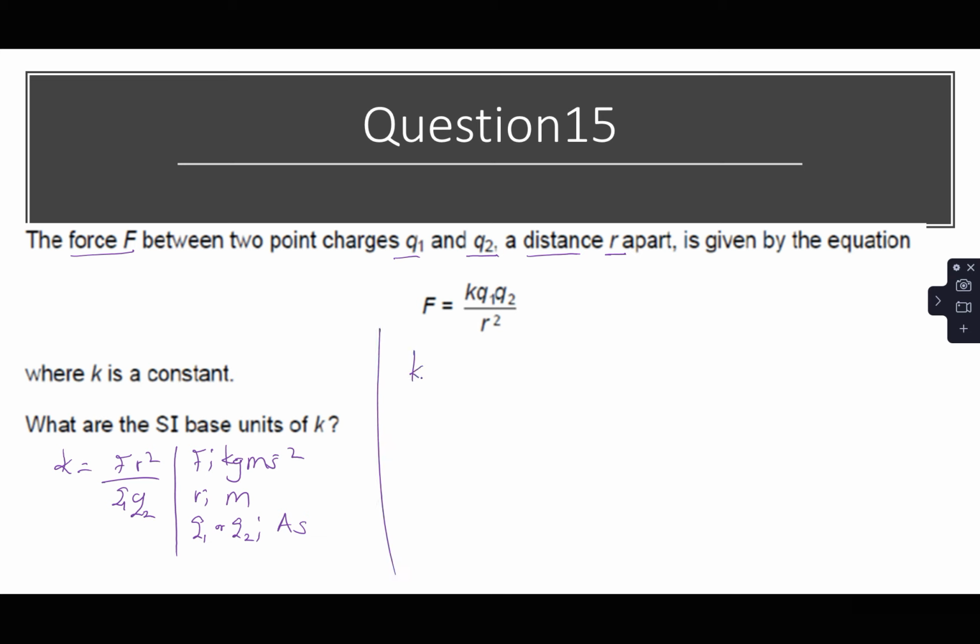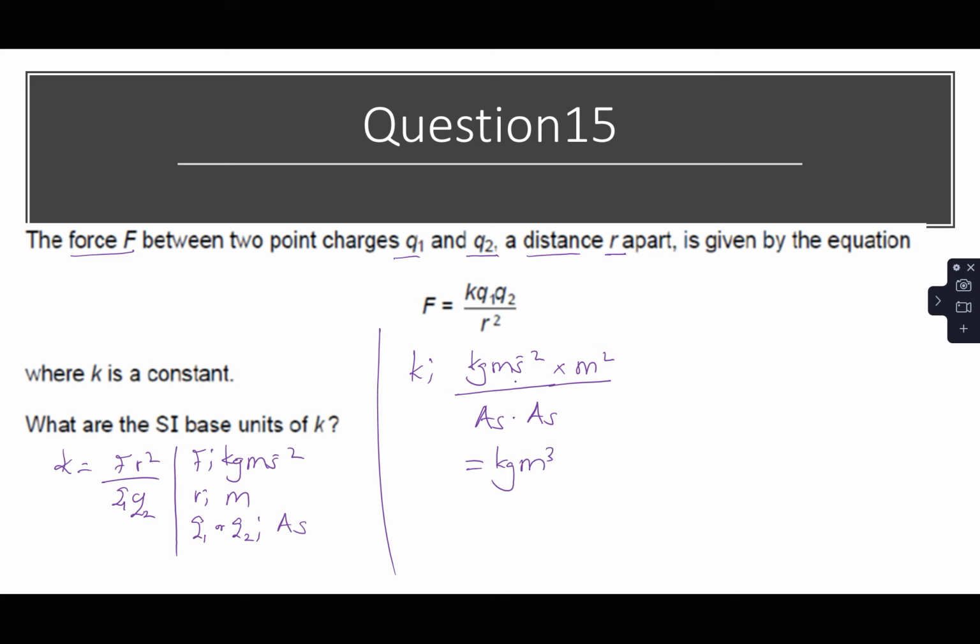So the base units of K will be those of force, which is kilogram, meters per second squared, times R squared, that is meters squared, divided by Q1 which is ampere seconds, Q2 is also ampere seconds. We now simplify. So this will be kilogram, meters times meters squared becomes meters cubed.